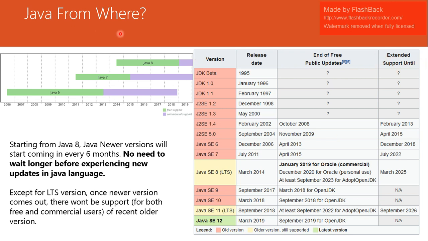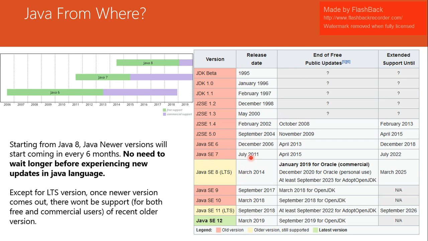Java started as far back as 1995, and you can see it's over 20 years. And it started as beta. To cut the story, it rose from JDK to J2SE and all up to Java Standard Edition 7.